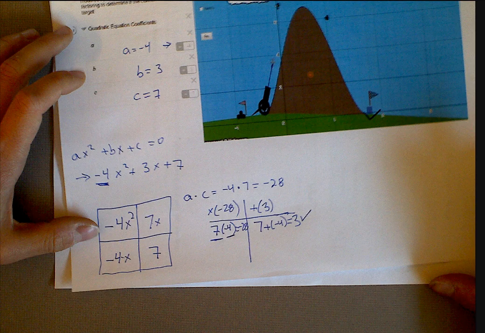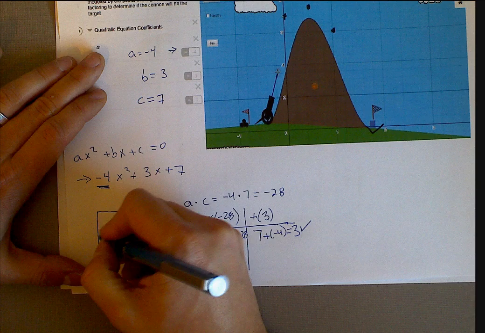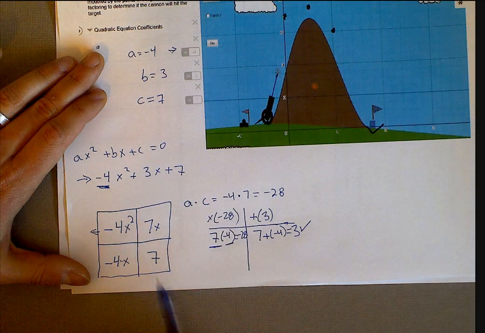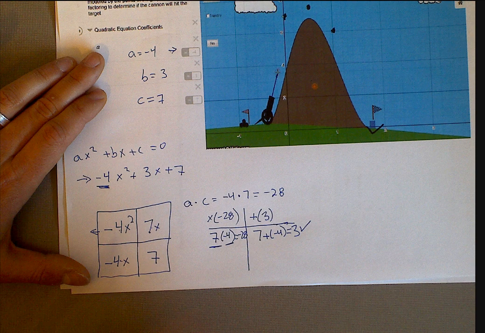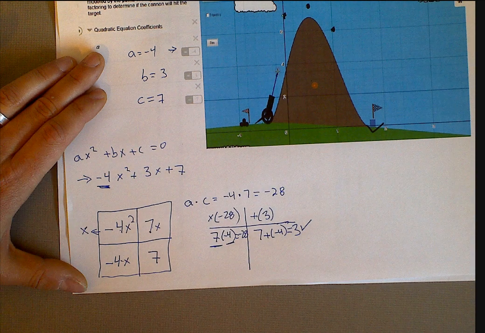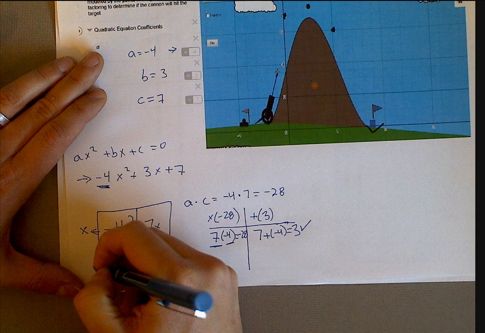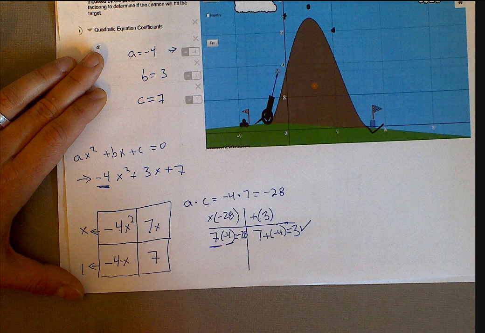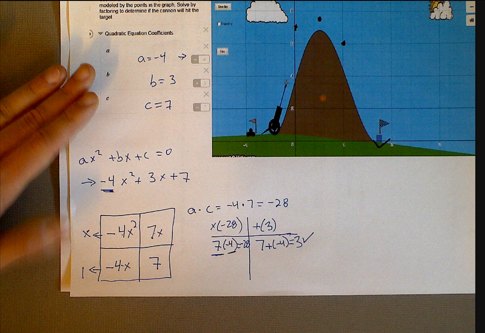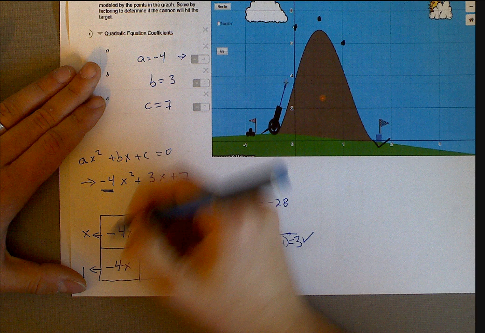So now we're going to go through and factor all the rows and columns. So we'll start with this row here. If we look at 7x and -4x squared, the only thing they have in common is x. If we look at -4x again and 7, they only share a 1 in common. So now let's factor the columns.